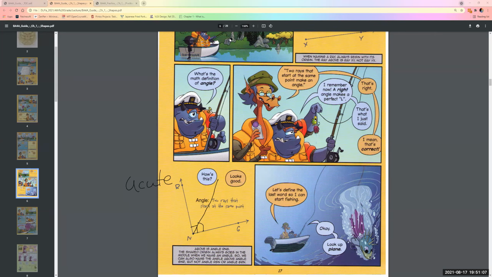And then an obtuse angle would be, okay, so this is the acute angle, and this angle right here is greater than 90 degrees, and it is an obtuse angle.